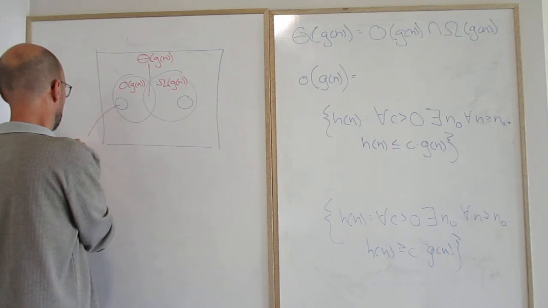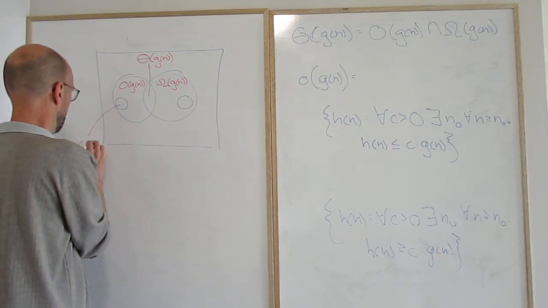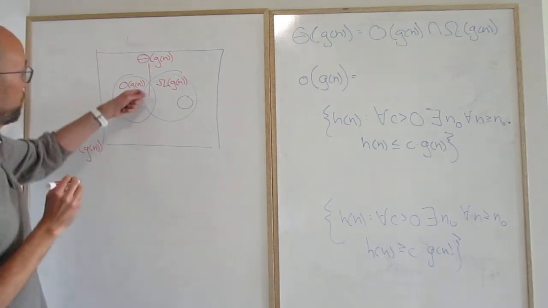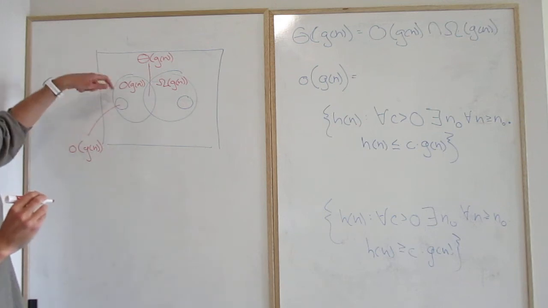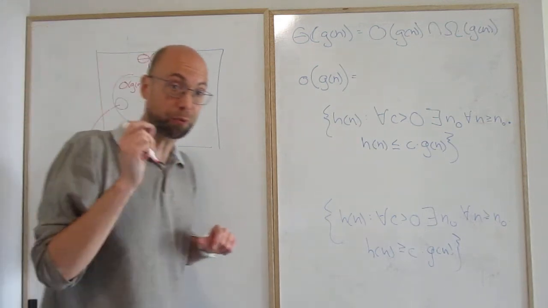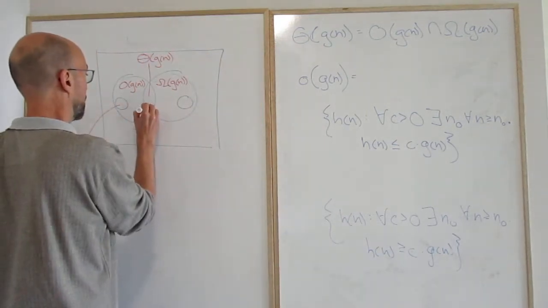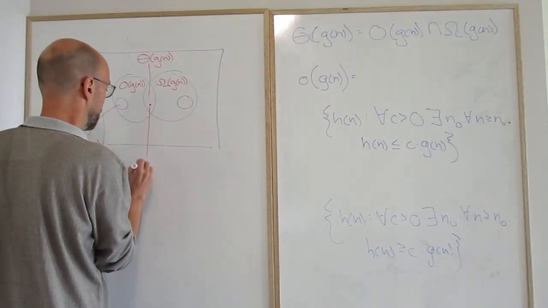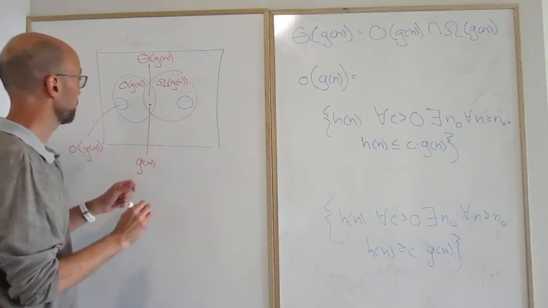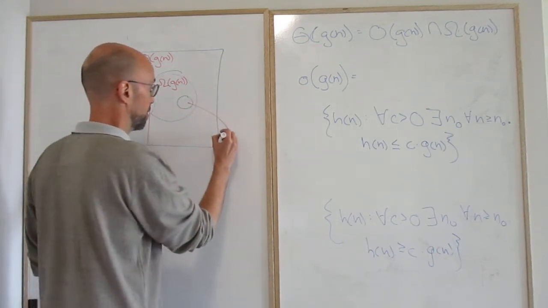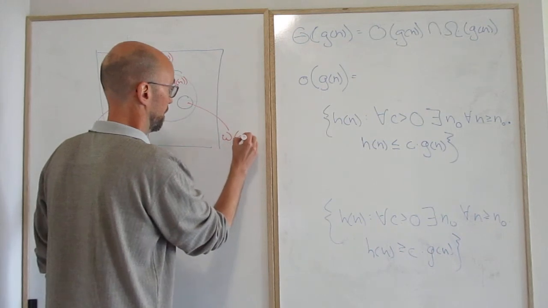This is little o of g of n. Notice it's a proper subset of big O of g of n. It's proper because it doesn't include this point here, which is g of n. And then this is little omega of g of n.